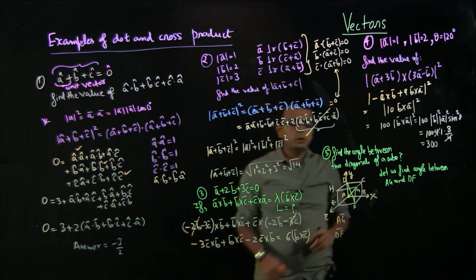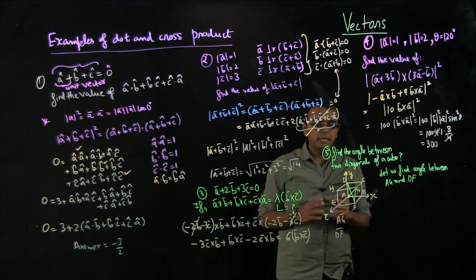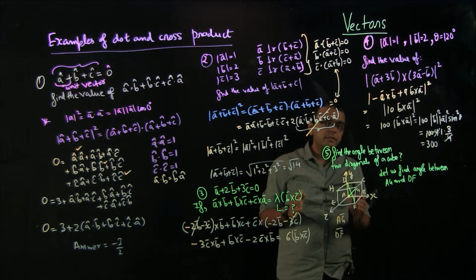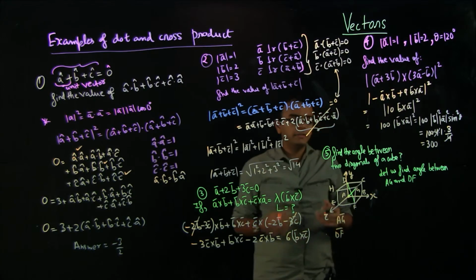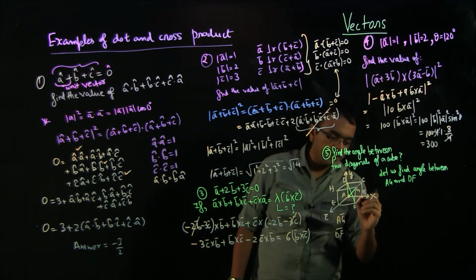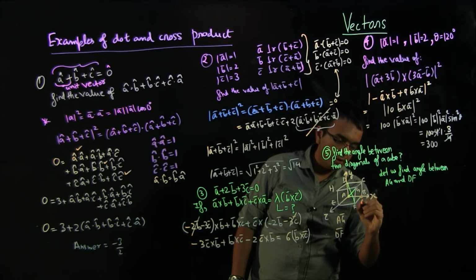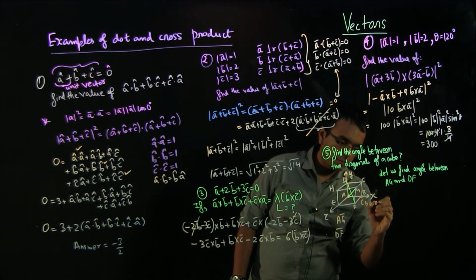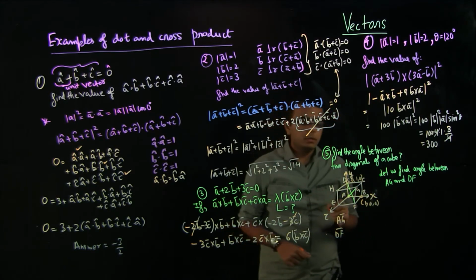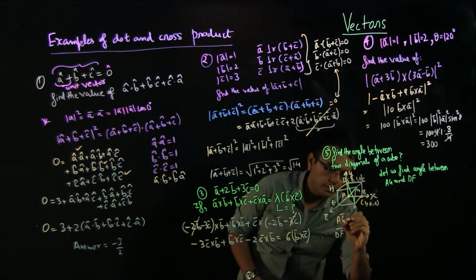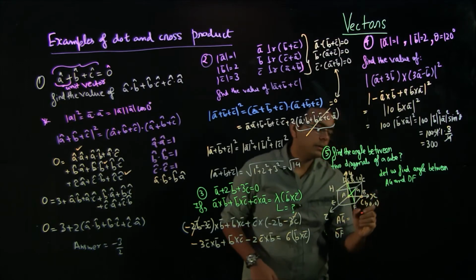Now this is the setup of the problem. You can assume the sides of the cube as anything you want, but the easiest thing to assume is the unit cube. So unit cube means that B would be 1, 0, 0, D would be 0, 1, 0, and so on.